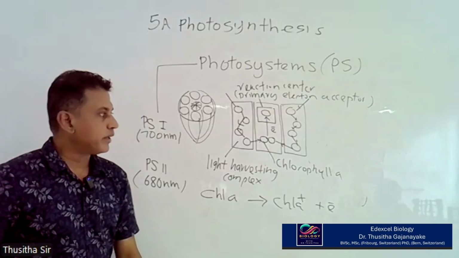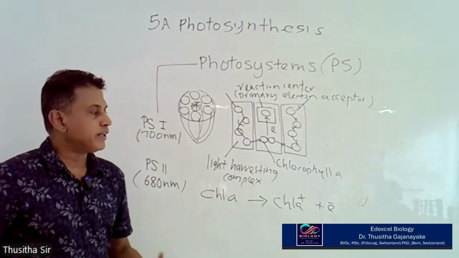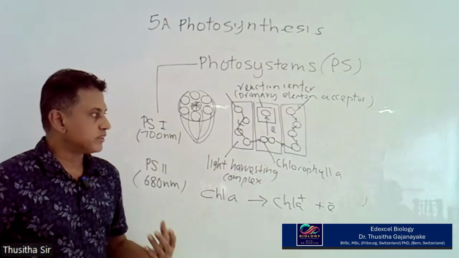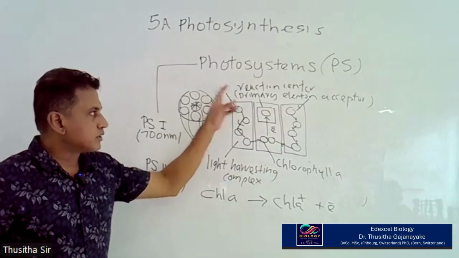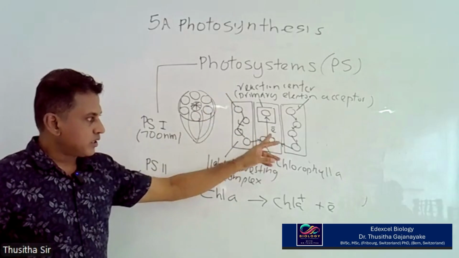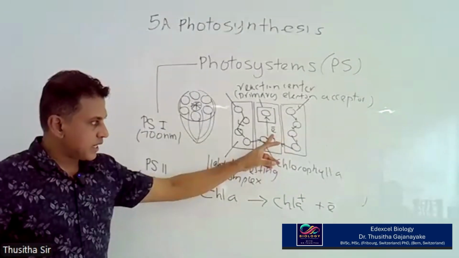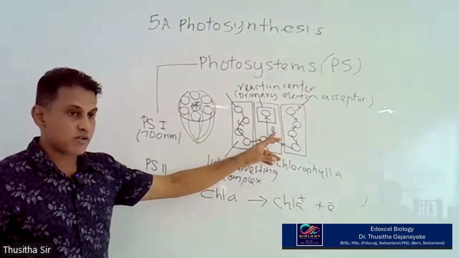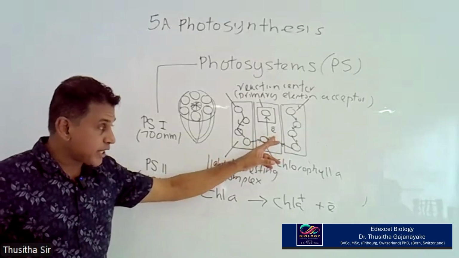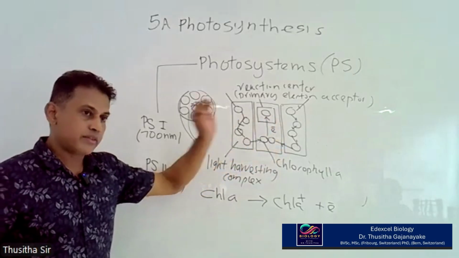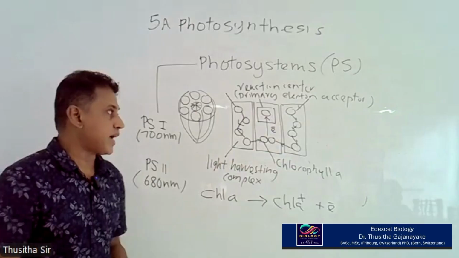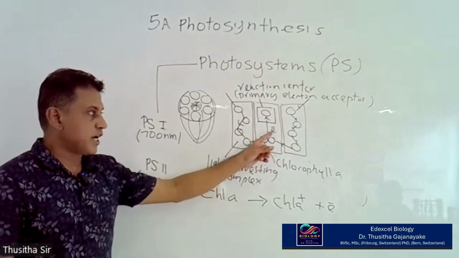Yes, so when we learn the reactions, the sunlight energy goes to this place, so the energy is now with the electrons. The electrons leave with the energy, and then all the reactions start because of these electrons.